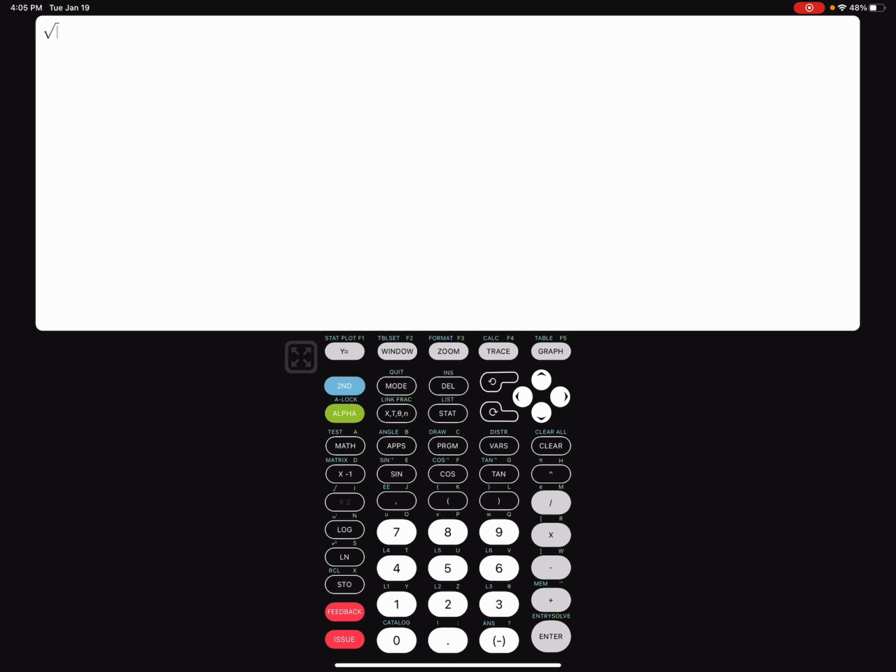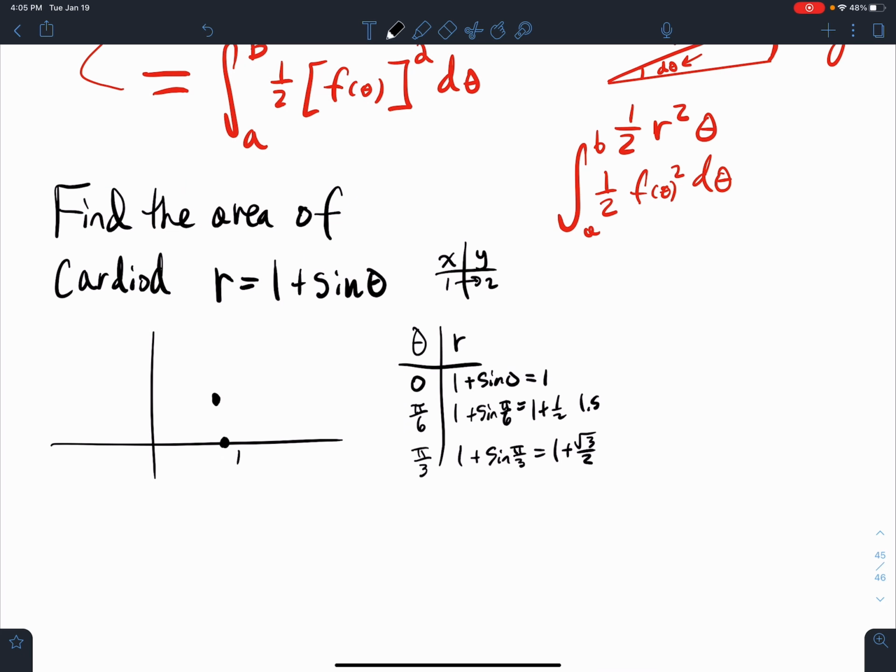Square root 3 divided by 2 plus 1. So that gives me 1.8. So 1.8 is even further. So that would be an angle of pi over 3, right there. Okay.